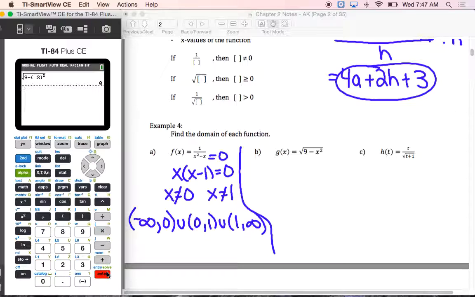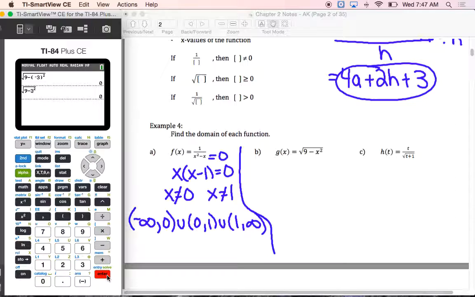Since I get a number and I don't get an error on my calculator, that tells me that -3 is included in my answer. I can do the same thing with 3. That also gives 0. So that means I can include those numbers in my answer.